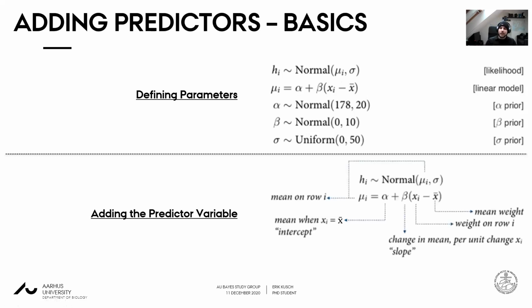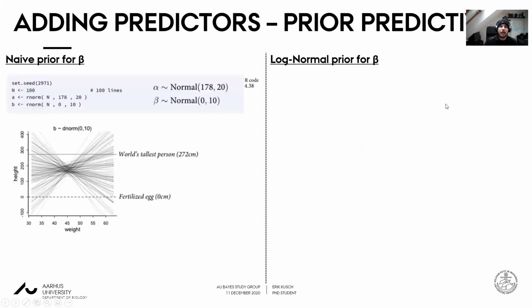So to add the predictor variable itself, we can then look at this linear model specification a bit more in detail. And we can identify right here what I said with alpha, for example, being the mean height when the weight of one individual is the average weight of all individuals. I think I've already gone through this. I can flick back to this if you need me to.